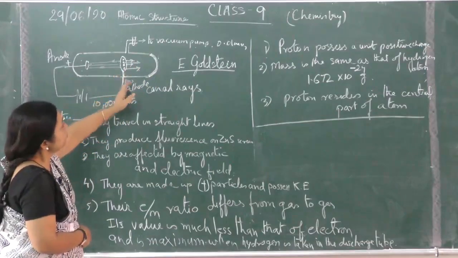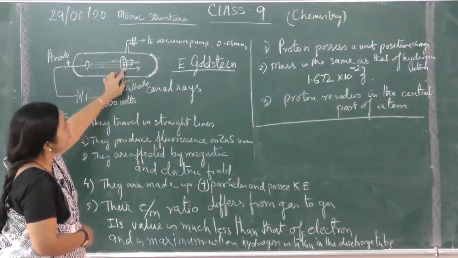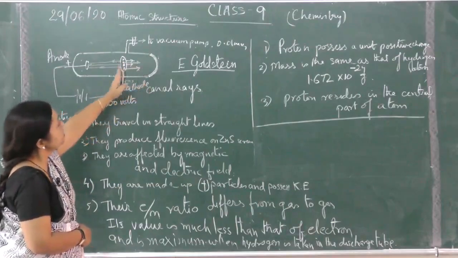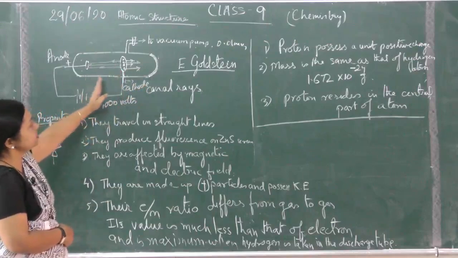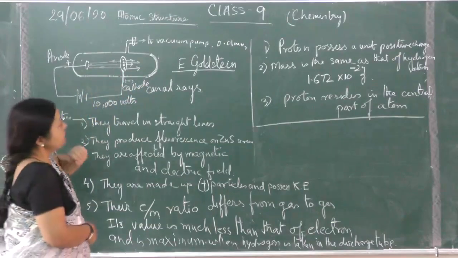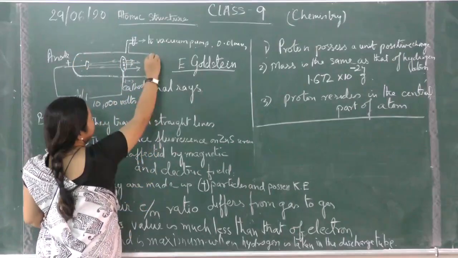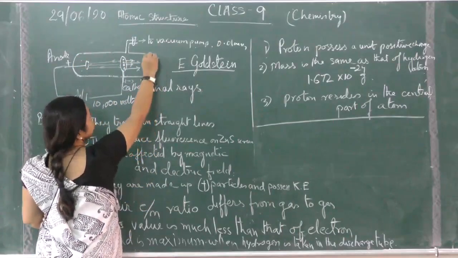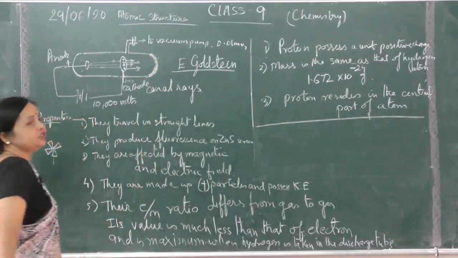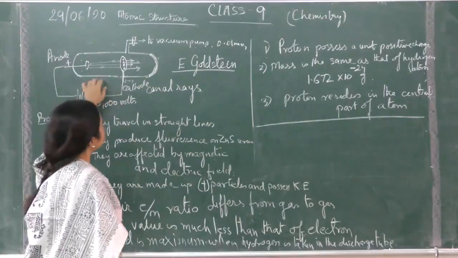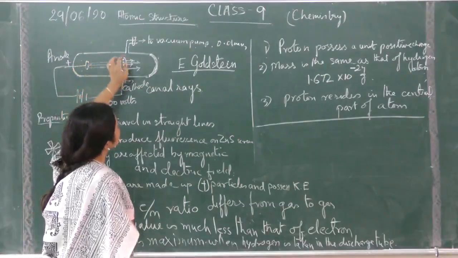So he took a perforated cathode, a cathode with holes in it, and he moved its position towards the center. And then fluorescence was caused. Here also fluorescence was caused, and over here also. That means there is a stream of oppositely charged particles moving from anode towards the cathode.